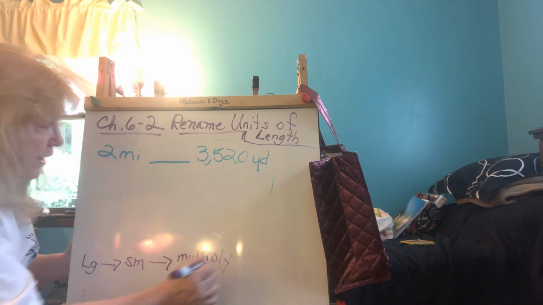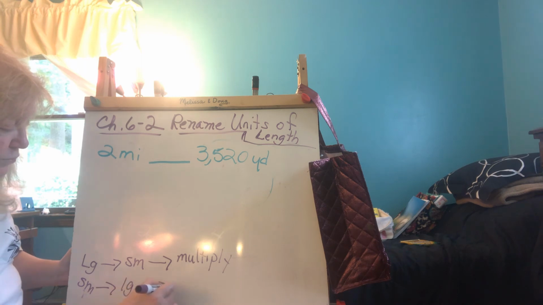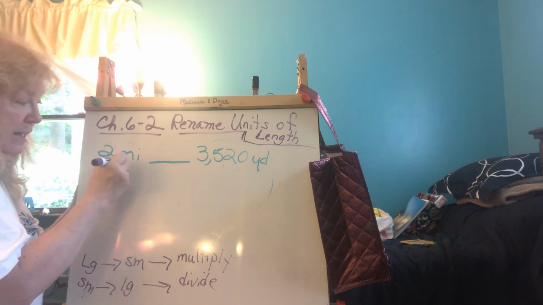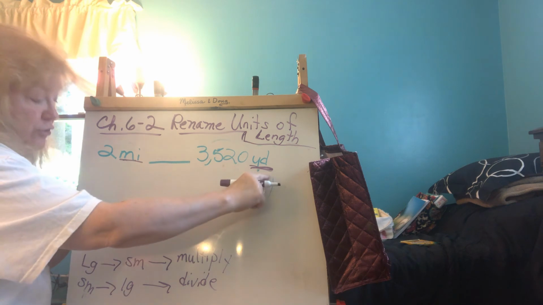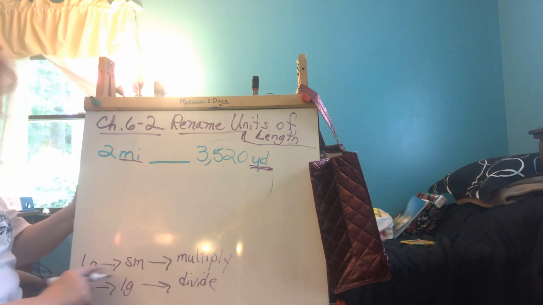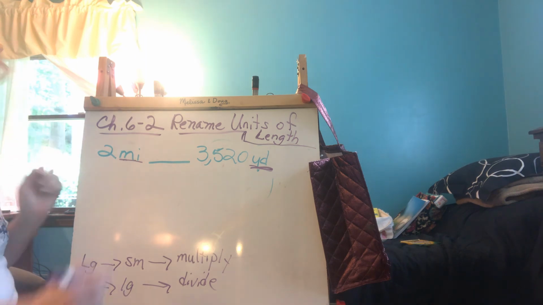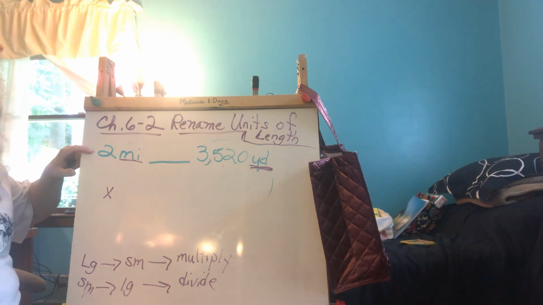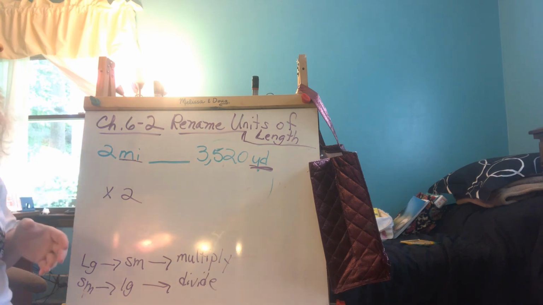And if you're going from smaller to larger unit, then you're going to divide. Okay? So we're looking at miles and yards. Miles are larger than yards. So when you go from larger to smaller, you multiply. All right, so, well, what do I multiply? I know I'm going to multiply, and I know I'm going to multiply by 2. But what am I going to multiply it by?